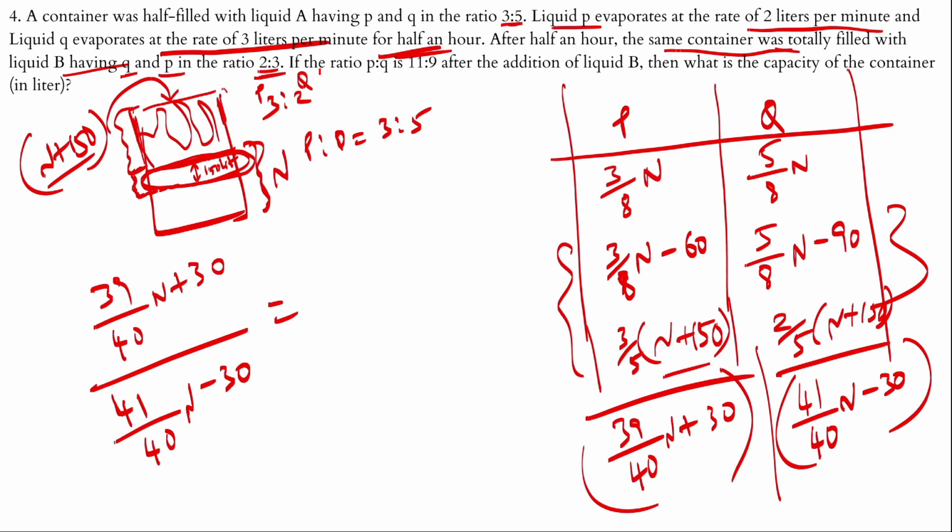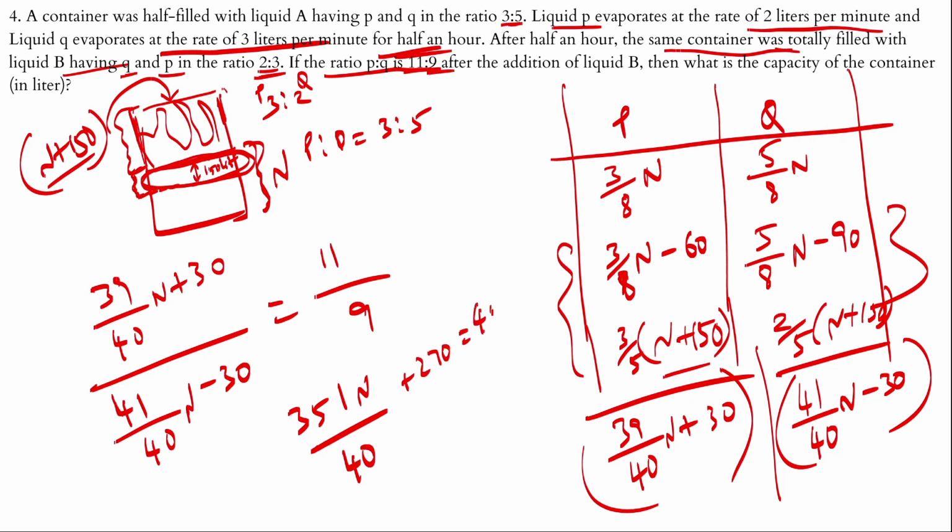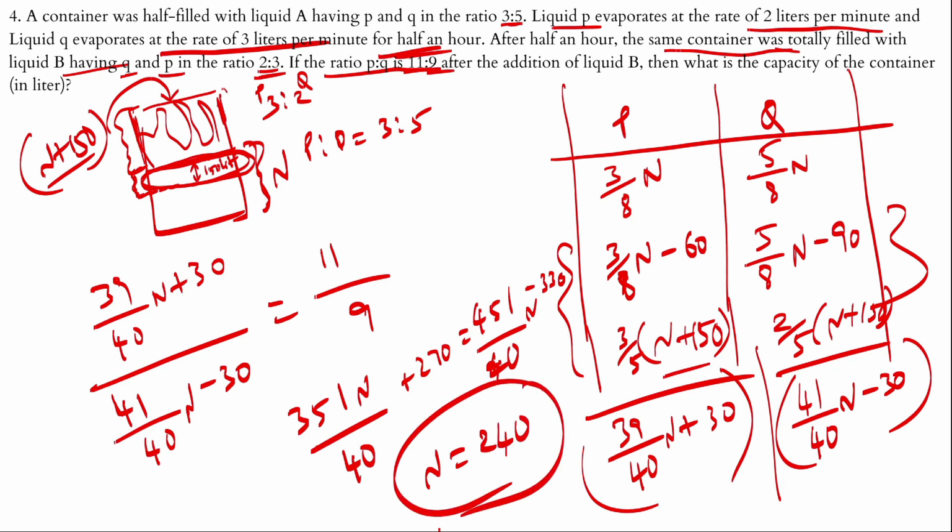The ratio is given, if the ratio of P is to Q is 11 is to 9, so 11 by 9, so this will be 351 n by 40 plus 270, this will be equal to 451 by 40 n minus 330. So solve this, you will get n as 240 liters. So this is the capacity of the container, right?